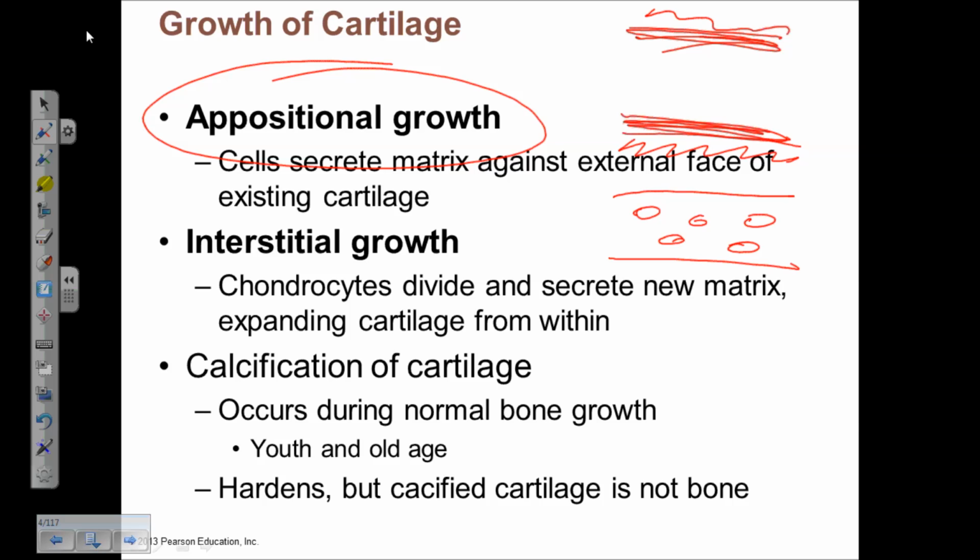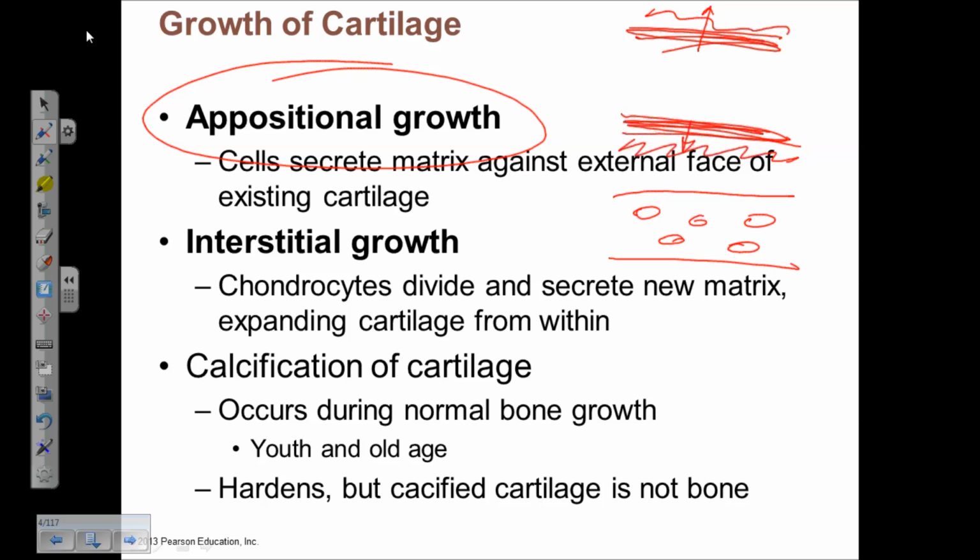Interstitial growth is when chondrocytes that are inside of the cartilage start to divide, pushing the cartilage from within. Does it make sense? But in both cases, the cartilage pretty much grows wide.